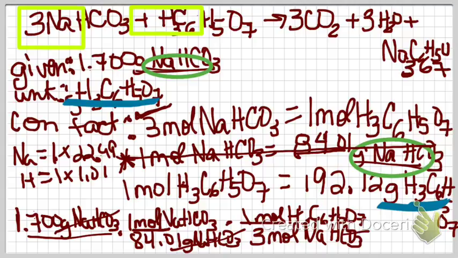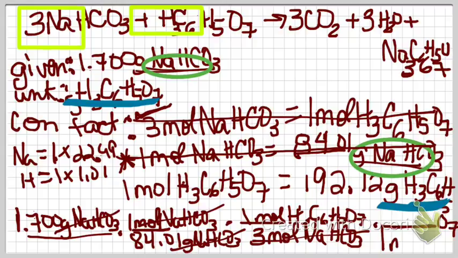And then that cancels with that, and I'm going to cross that out because I don't need it. That leaves me with moles of citric acid on top. Well, I don't need moles of citric acid. I need to get rid of it because I'm trying to get into grams.